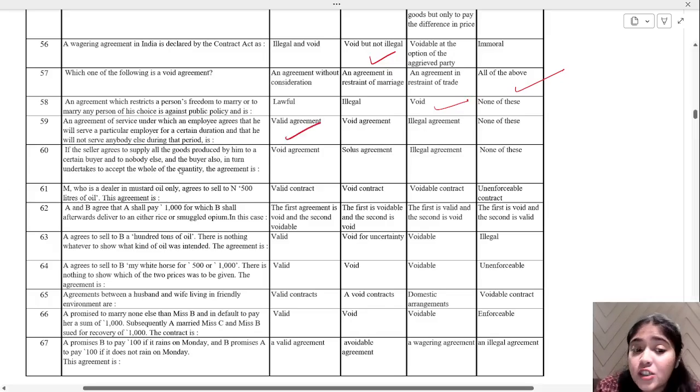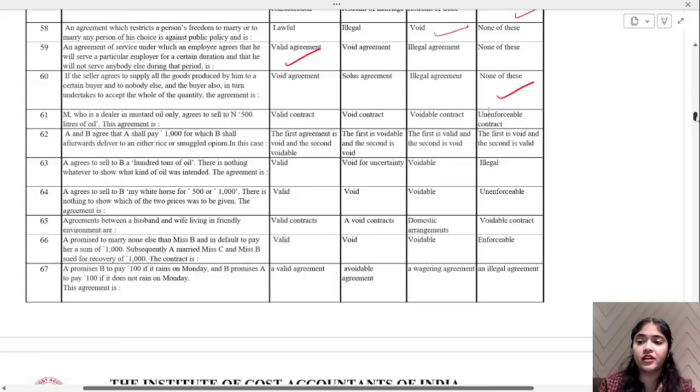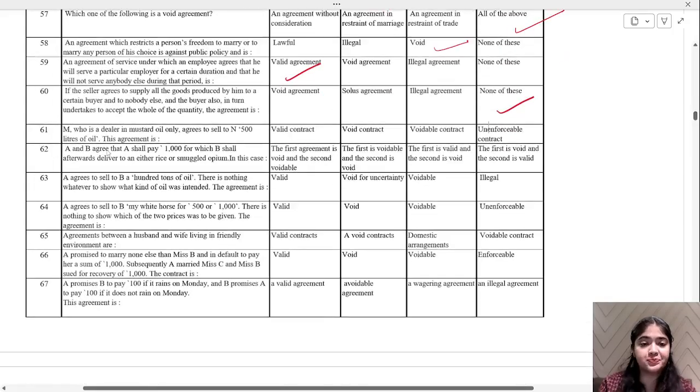The seller agrees to supply all the goods produced by him to a certain buyer and to nobody else, and the buyer also in turn undertakes to accept the whole quantity. This agreement is void, solus, illegal, or none of this. That is none of this. Nothing affects over here. You can go into such agreements also. They have not written valid, or else it would have been valid.